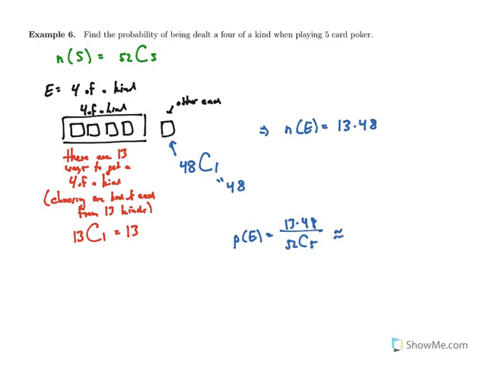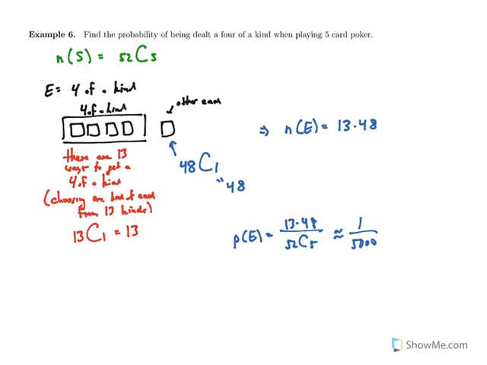It's going to be about 1 in 5,000 if you do those calculations out. And it's going to be exactly 13 times more likely than getting the ace 4 of a kind, but we were rounding the numbers because they're large numbers we're dealing with.